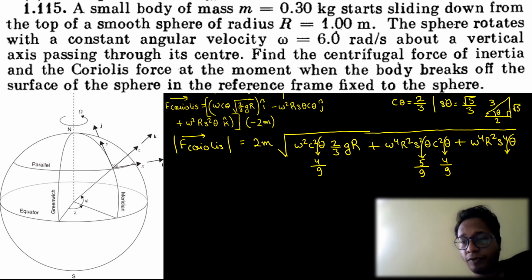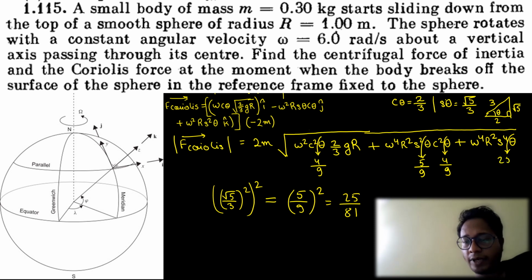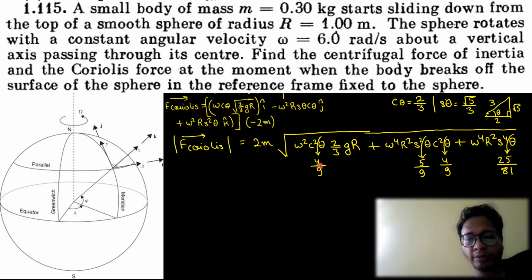Sine to the power 4 of theta: sine theta is root 5 by 3, so root 5 by 3 whole square is 5 by 9, and whole square is 25 by 81. So this is nothing but 25 by 81. Now we'll be substituting all these numerical values in the original equation.